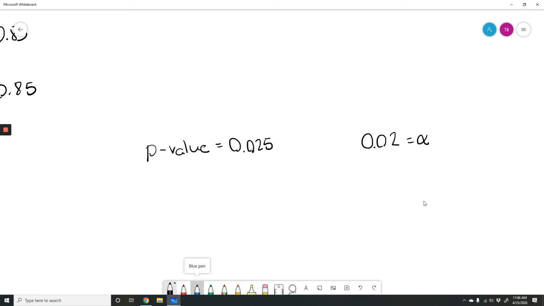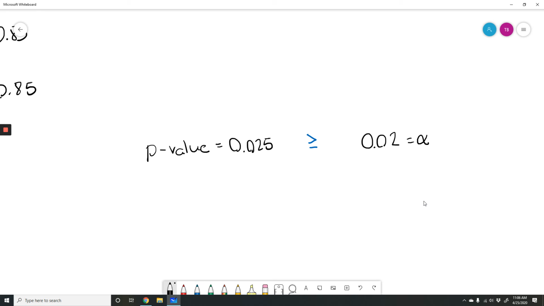So in this case, our p-value is larger than our alpha, right? Remember, our alpha is the threshold where we are comfortable in rejecting the null hypothesis. Our p-value must be smaller than this threshold, this alpha. In this case, that's not the case. Our p-value is bigger than our alpha.